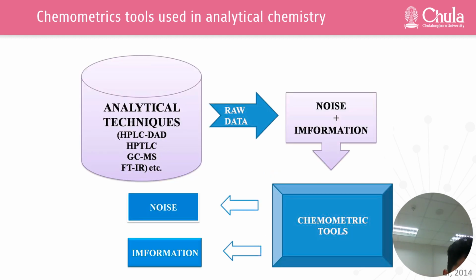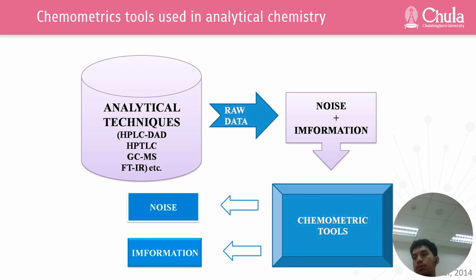So let's see in this illustration the analytical techniques, which can be chromatographic, can be spectroscopy tools. We got from these techniques the raw data, the data matrix, and then the data can contain information, noise, and everything. So we put all of the data into the chemometric tools.